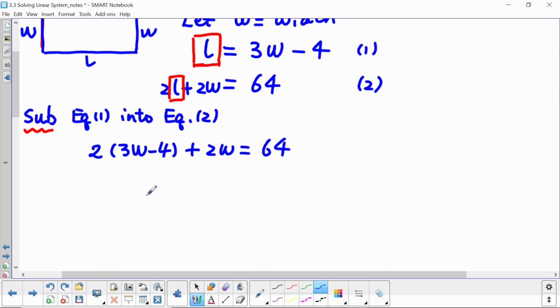Then in order to solve this one, we are going to expand, get rid of the bracket.